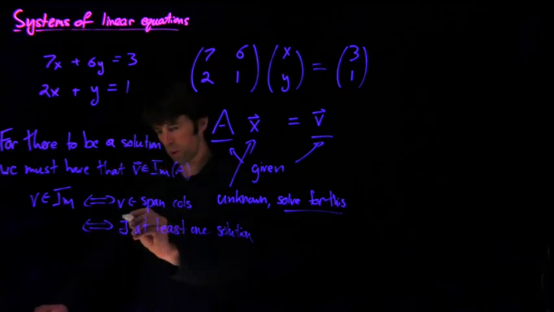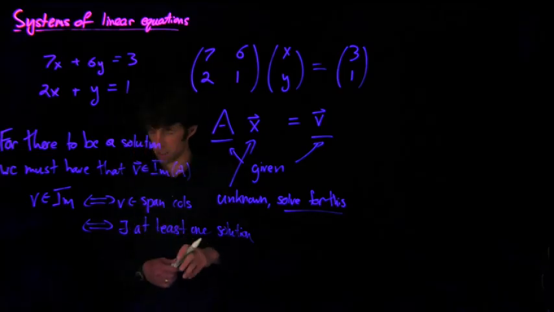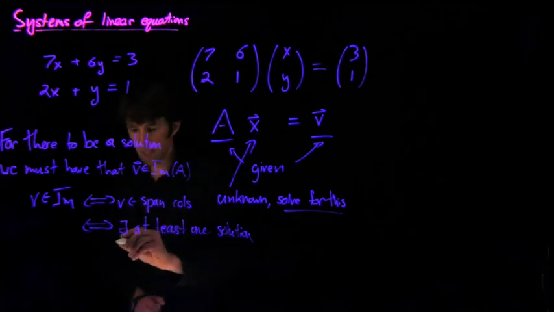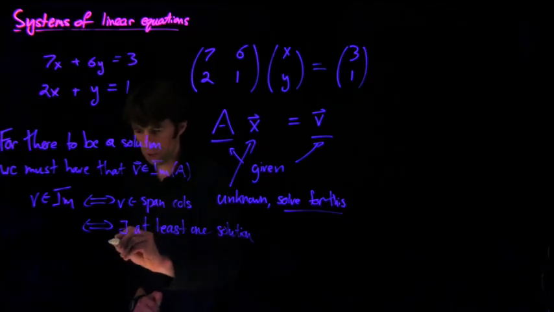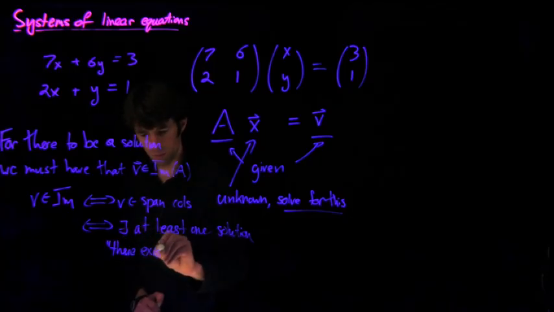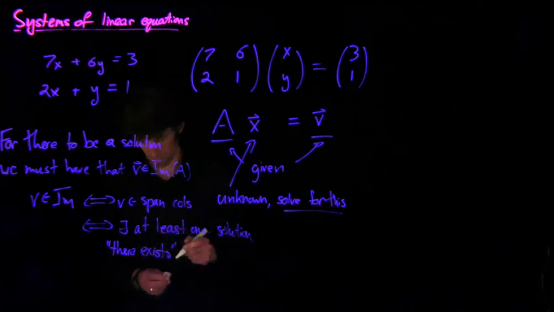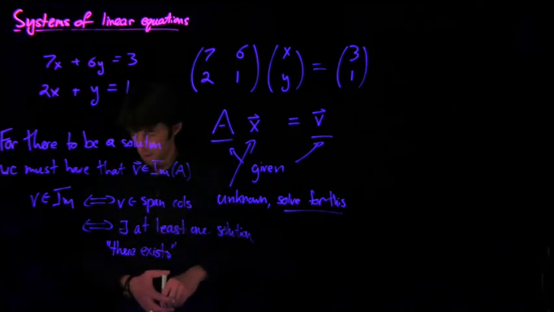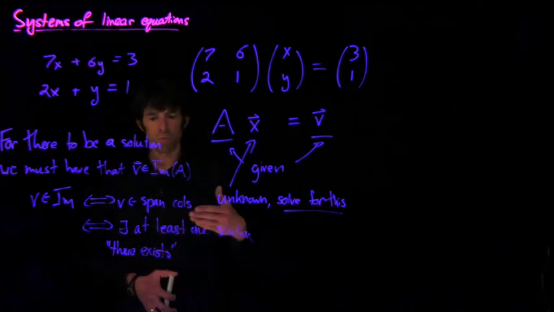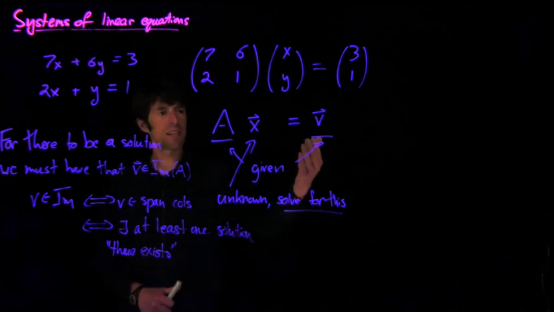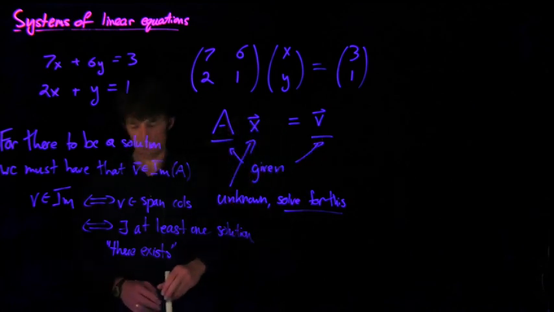There might be more. This backwards E symbol here, I can't remember if I've used that already, is mathematical shorthand for 'there exists'. OK. Now, we've got a condition here that tells us whether or not there's any hope of finding a solution.